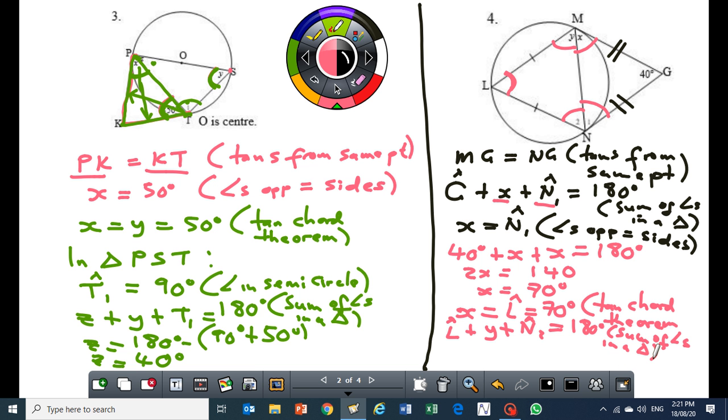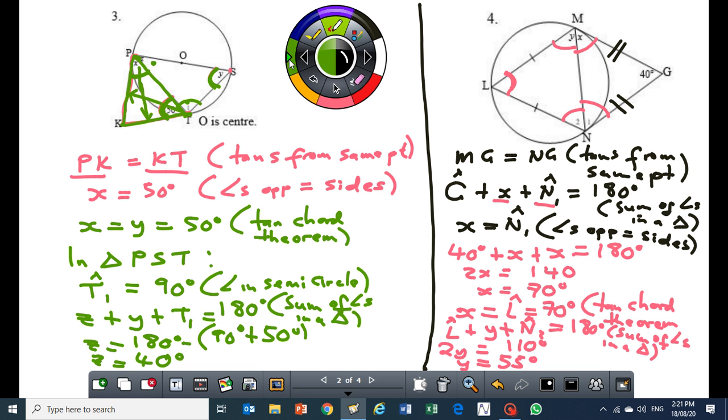Okay? Now, angle Y and N2, they are equal. So I can write this as 2y is equal to 180 minus 70 will give me 110 degrees. So y is equal to 55 degrees. Okay? Please, I want to add this.